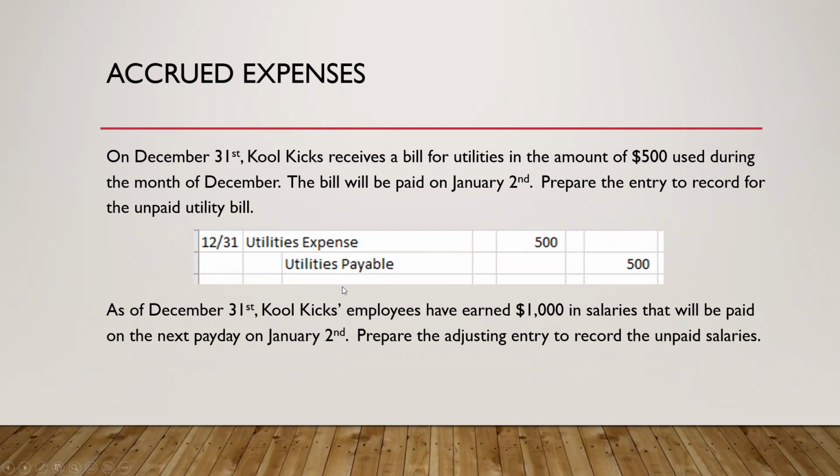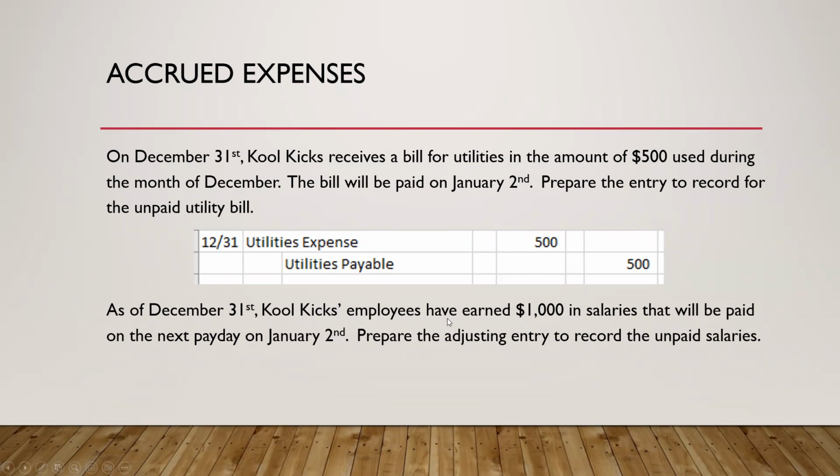Let's look at another example of an accrued expense. I think I said accrued revenue a few seconds ago, and it's supposed to be an accrued expense. So as of December 31st, Cool Kicks employees have earned $1,000 in salaries that will be paid on the next payday on January 2nd. Prepare the adjusting entry to record the unpaid salaries. So again, this is an accrued expense.